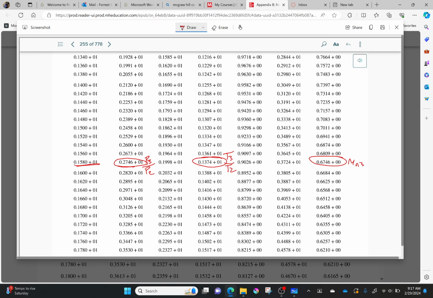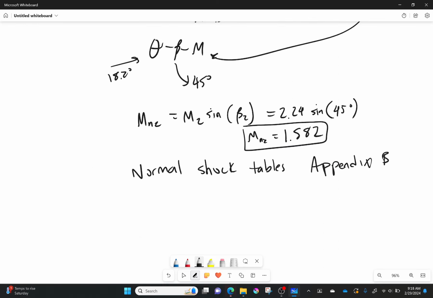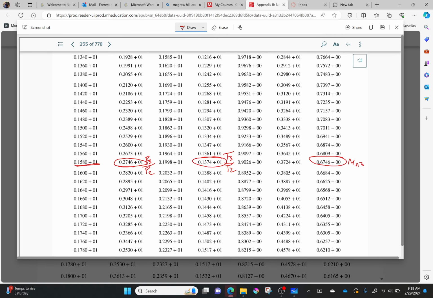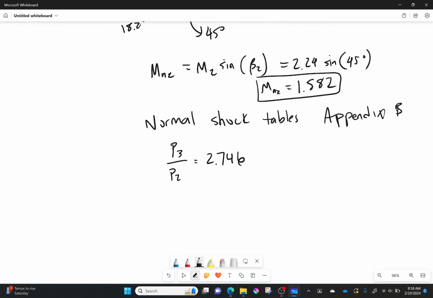Feeling good about it. Okay, so let's go ahead and take those values over and write them in our problem statement. So we have that P3 over P2 is equal to 2.746, I believe. Yep, and T3 over T2 is 1.374.